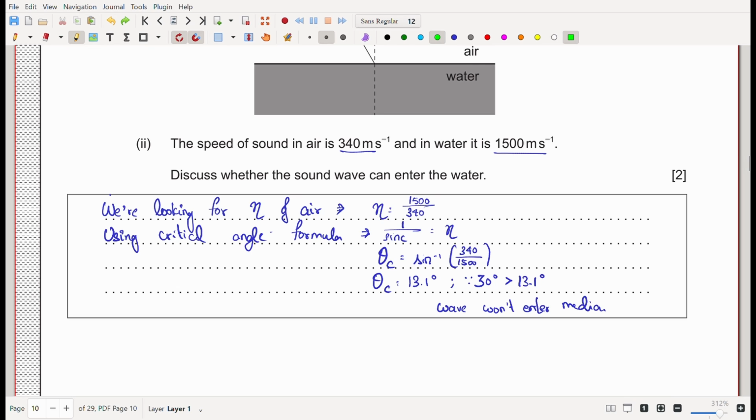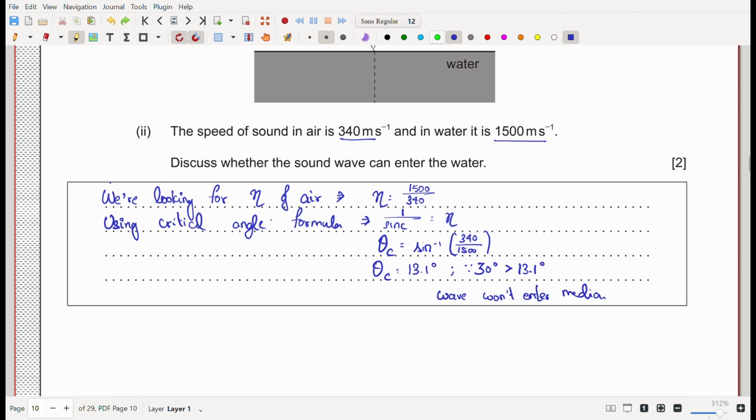And for that, we can use the formula refractive index is equal to v water by v air. So that's going to be 1500 by 340. Now this gives us a refractive index, so we're just going to leave it at that for now.